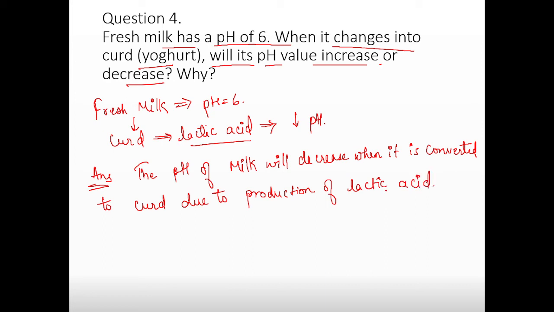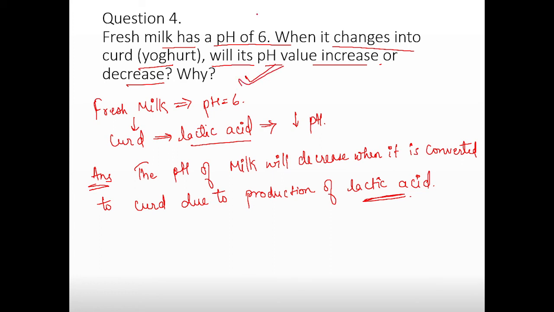Lactic acid. Clear? So this is very clear information that there will be a decrease in the pH of milk when it is converted to curd, and it is because of the production of lactic acid. I hope this question is also very clear to you.